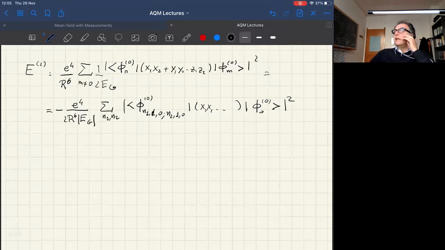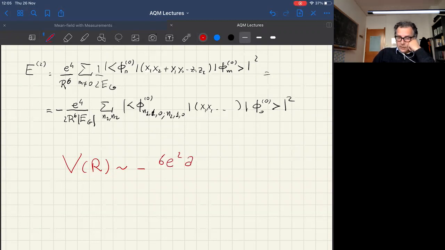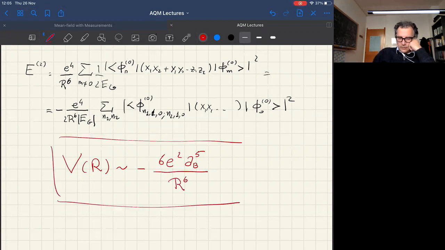I'll just give you the result, okay? So the result that you have to find is that V(R) goes like minus 6 e squared Bohr radius to the power 5, divided by R to the 6th. So you see?